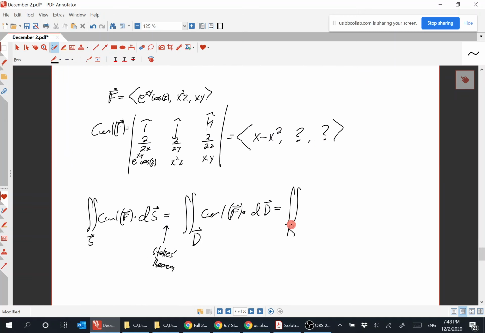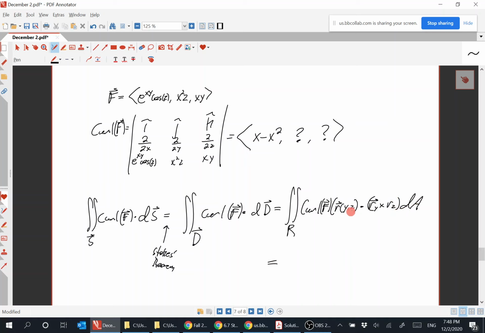So it's the double integral over R of the curl of f, which is this, x minus x squared. But what is that? The curl of f over r(y, z) dot ry cross rz dA.